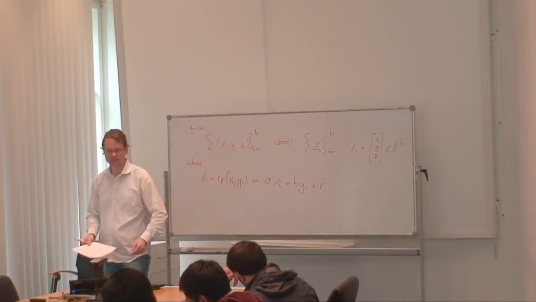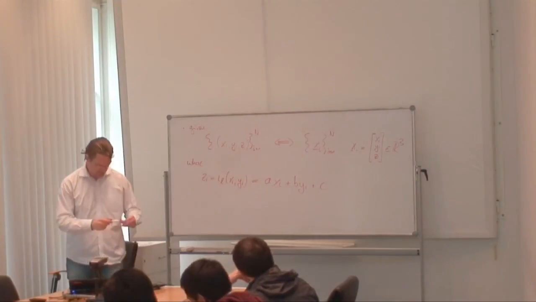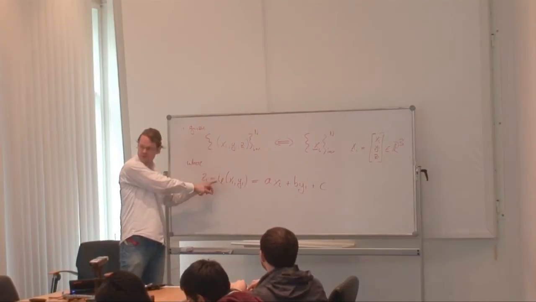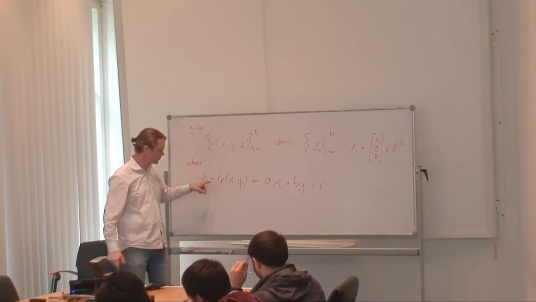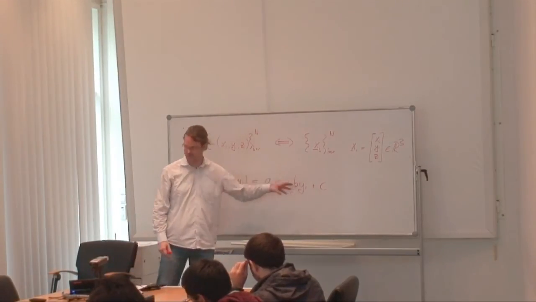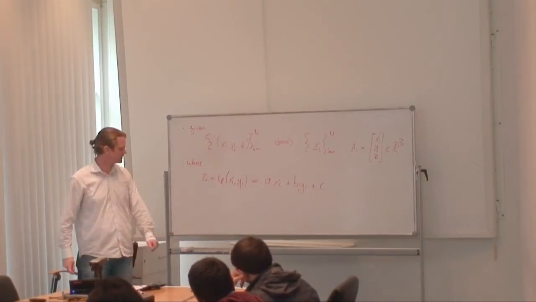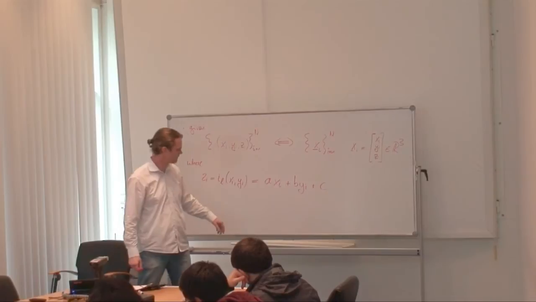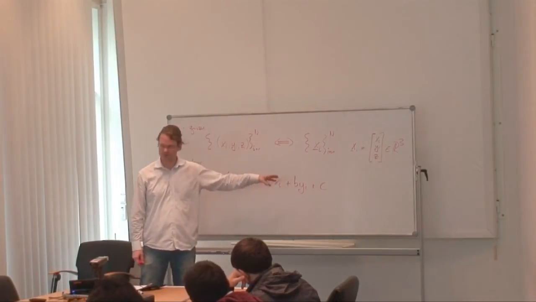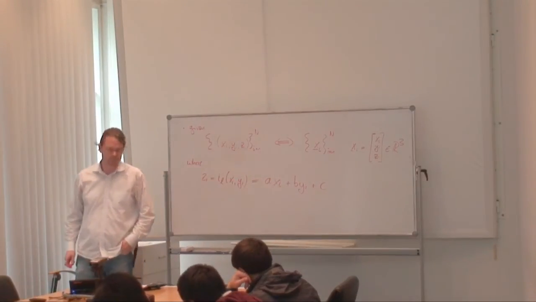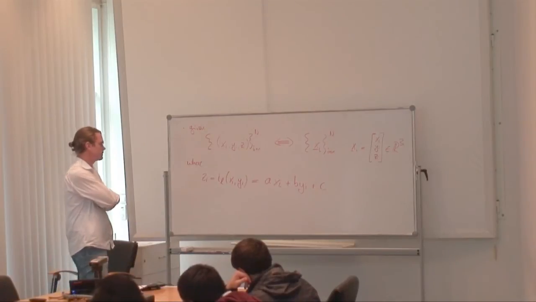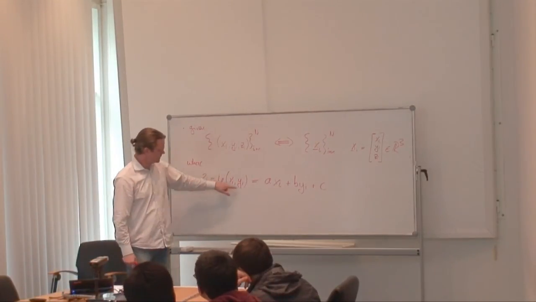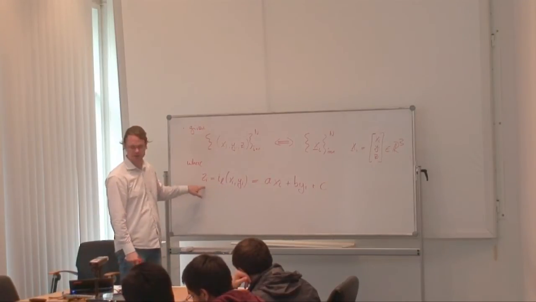Can you follow me? Basically, we are not really given this function, but we assume that there is a function I of xi, yi, which is given by this simple linear expression in xi and yi. And the value of IL at xi and yi, this is what we call zi.